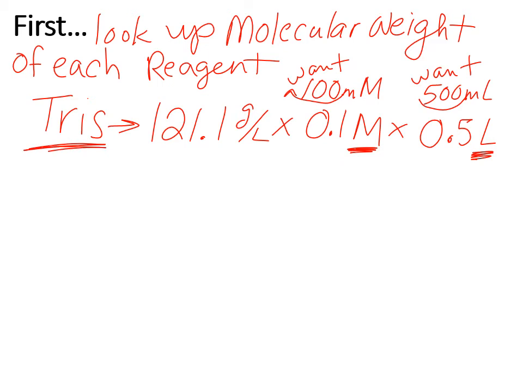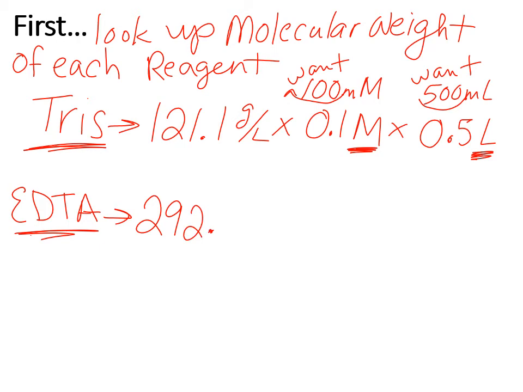Now, tris is not your only reagent. You then would have to do EDTA as well. Okay, so for EDTA, you would use the molecular weight of EDTA, which you would look up on the bottle, and you would find 292.2 grams per mole. Again, that's the molecular weight. What do you want? You want 10 millimolar.